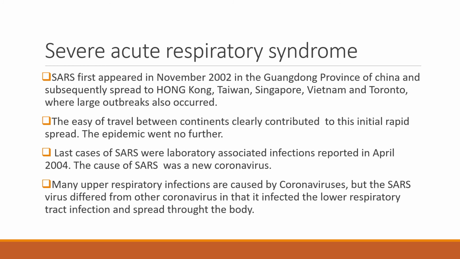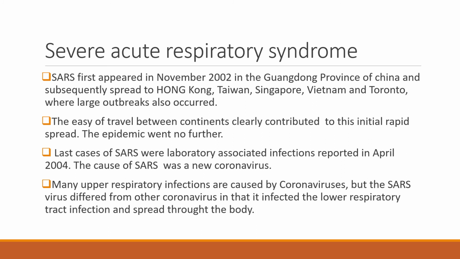The ease of travel between these continents clearly contributed to this initial rapid spread, but this epidemic went no further. The last cases of SARS, laboratory associated infections, were reported in April 2004. So that is the 2002 to 2004 epidemic by this SARS virus, and the cause of this SARS was a new coronavirus, that is SARS-CoV-1.